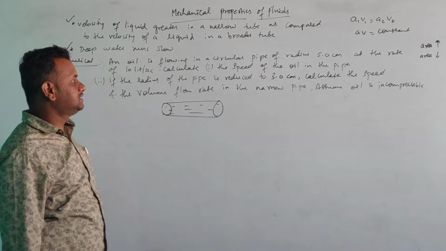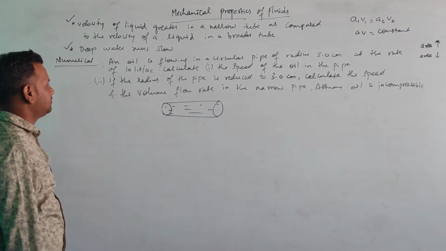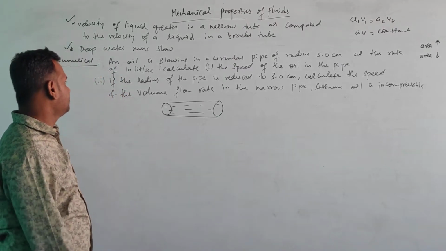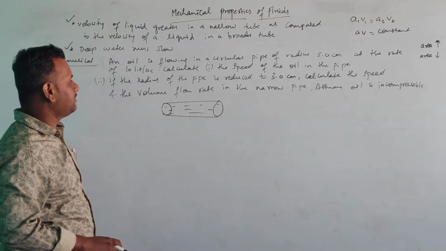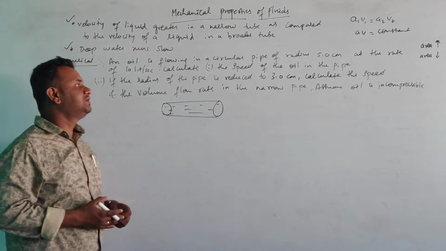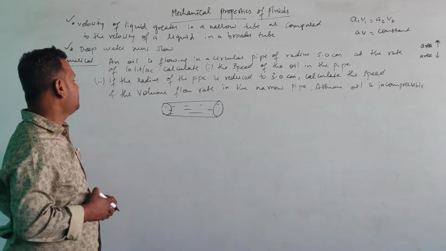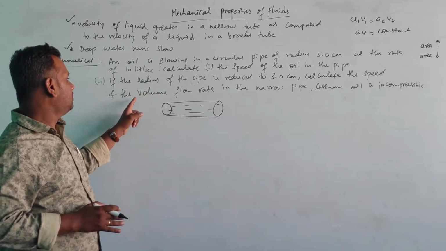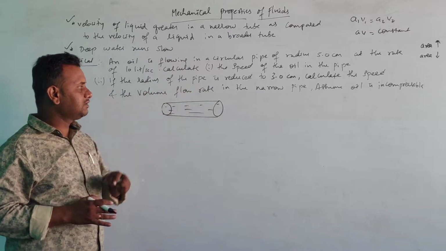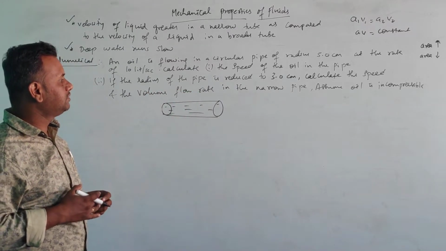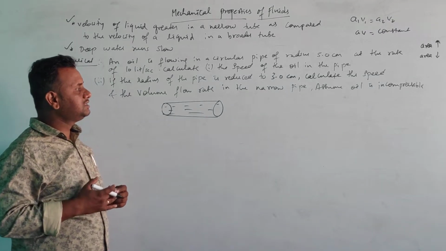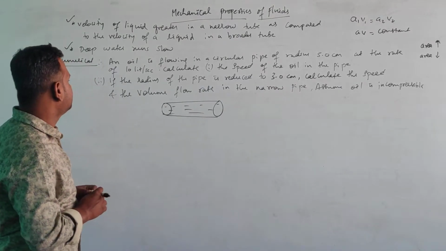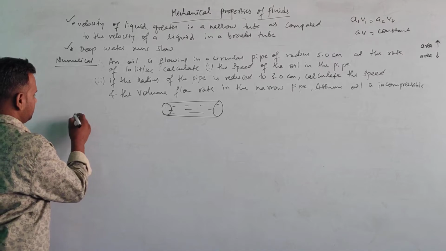Calculate the speed of the oil in the pipe. And the second question is that if the radius of the pipe is reduced to 3.0 centimeter, then calculate the speed and the volume flow rate in the narrow pipe, assuming oil is incompressible.